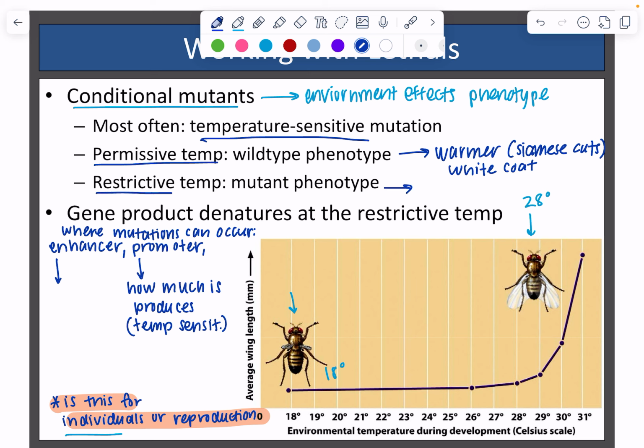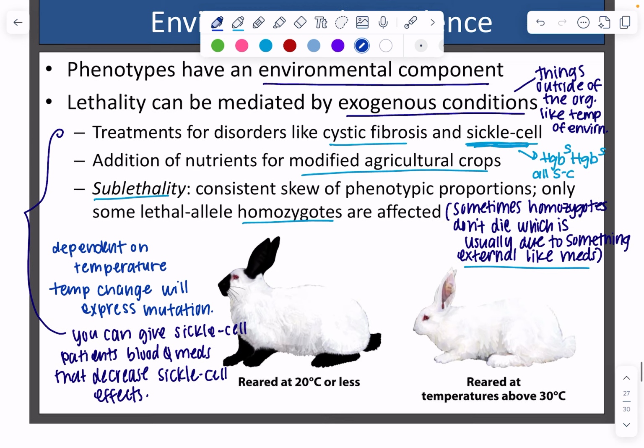In the restrictive temperature, which would be colder in Siamese cats, they show a darker coat. So this just has to do with how the enzyme that the gene is coding for reacts in certain temperatures. That's called conditional mutants.